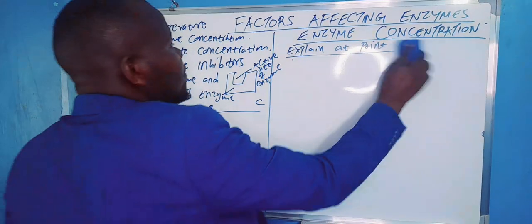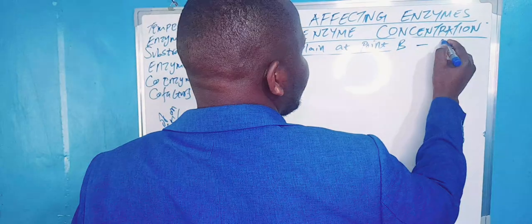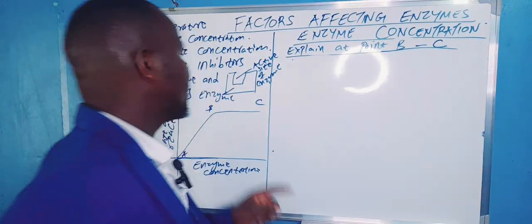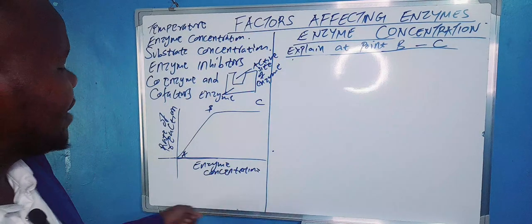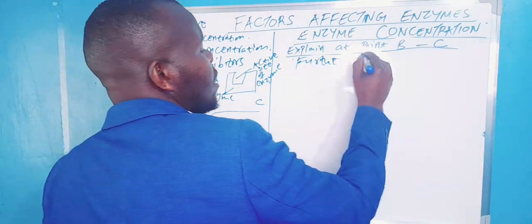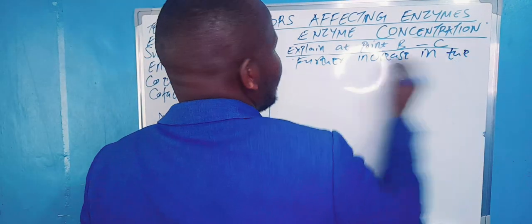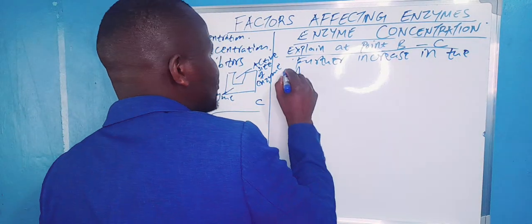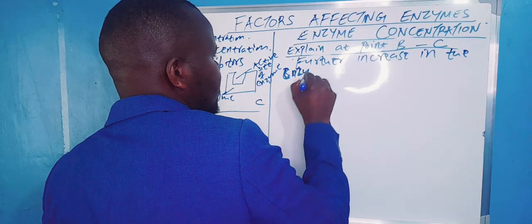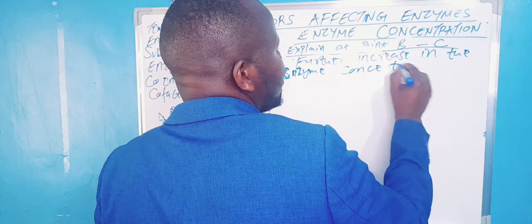Let's explain from point B to C. You can check from B to C, you are further increasing the enzyme concentration.